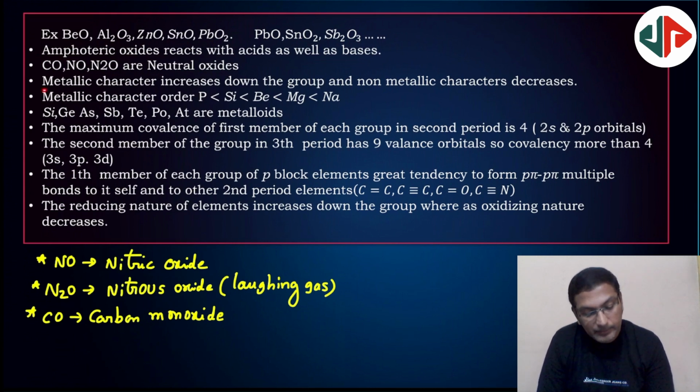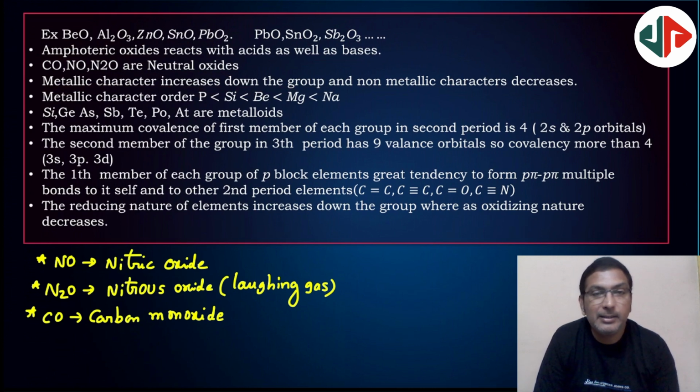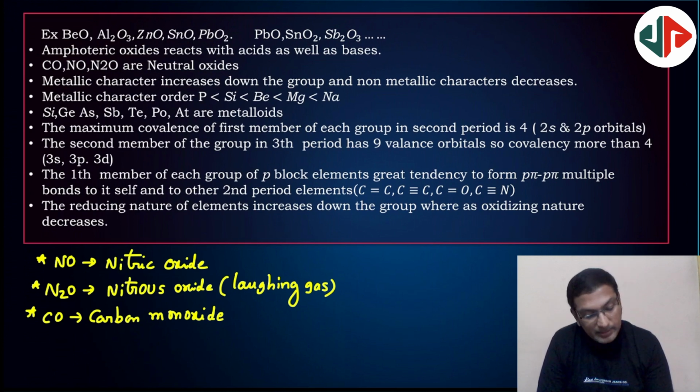Next point. Metallic character increases down the group and non-metallic nature decreases. Metallic nature down the group increases, non-metallic nature left to right increases. This is also important.